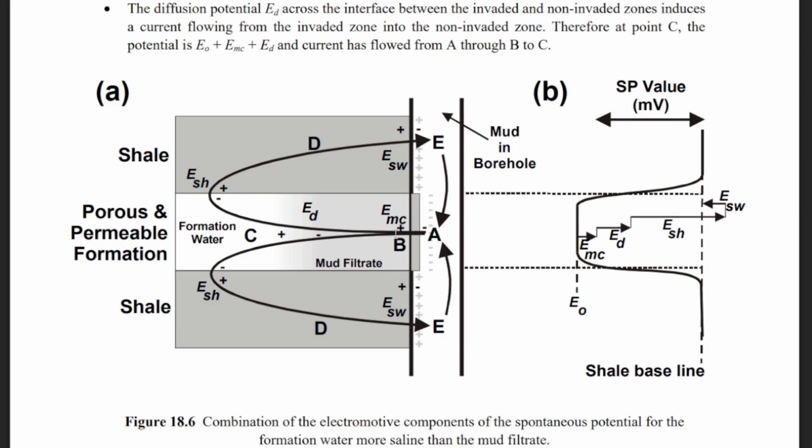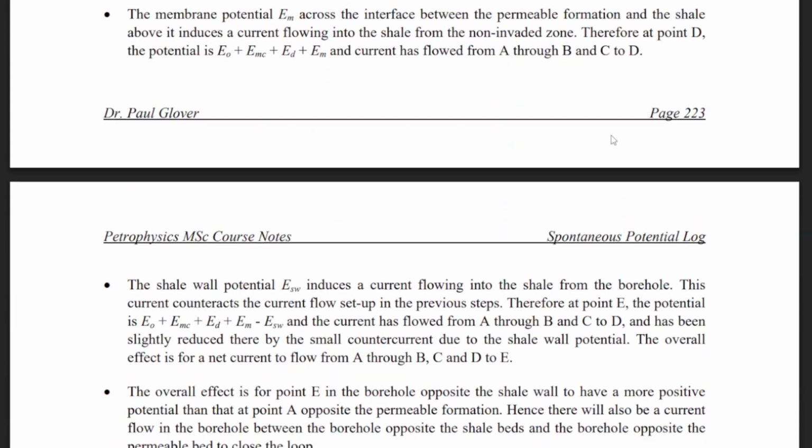By moving through these points, they are creating a current, and they're creating a voltage, a spontaneous potential. Here this is the line for our sandstone, and we can see that the potential of the sandstone is the sum of the mud-cake potential plus the diffusion potential plus the shale membrane potential.